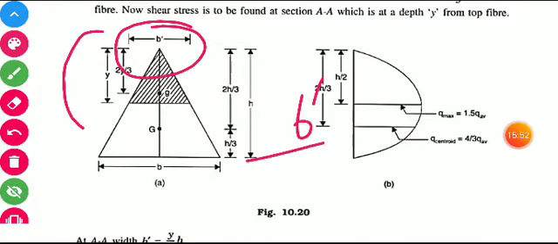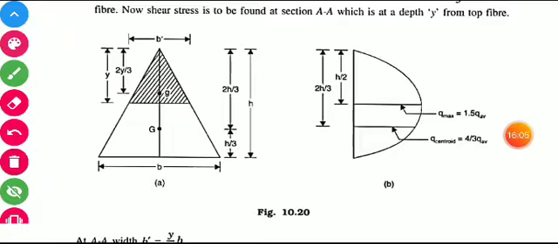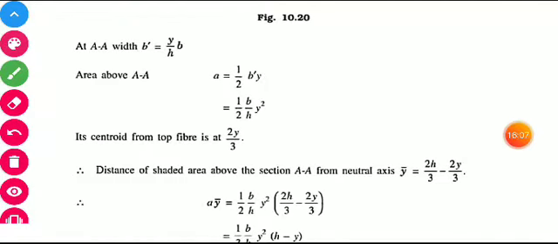So b dash by b will be equal to y by h. So b dash will be equal to y into b by h. So you put this value here.